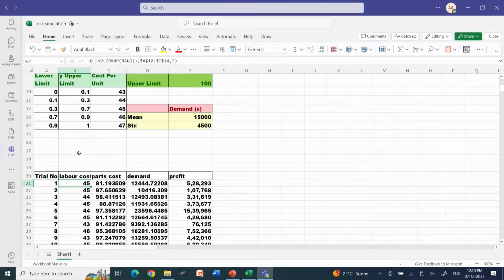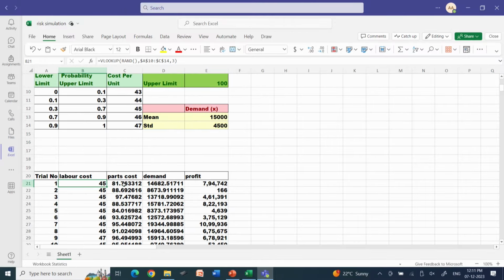Suppose the number is 0.35. So, 0.35 comes under the interval 0.3 and 0.7, and the corresponding value is 45. That 45 is in the third column, that is why the number 3 is written. So, that value is picked here. If you press F9, this value will change. You see that sometimes 46, sometimes 43. So, this is the way to generate the labor cost.